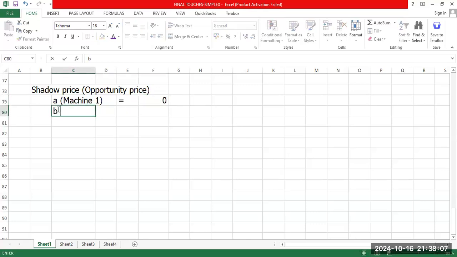Then B, which is corresponding to machine 2, is equal to how much? In the question, colleagues, don't copy the negative. The negative is there to confirm that that is your final tableau. But when you're interpreting, you write the figure. It's 5,000.